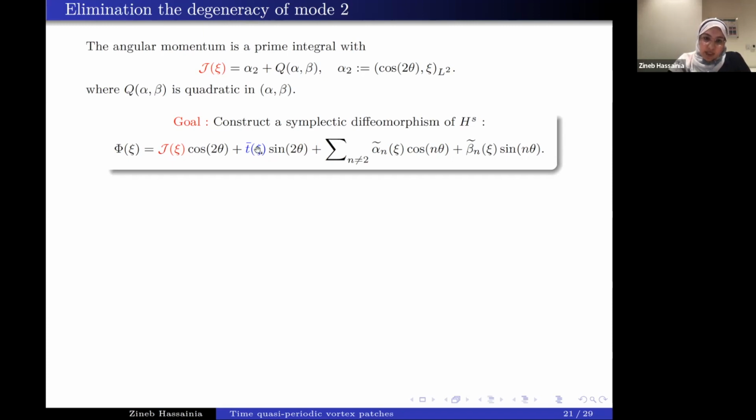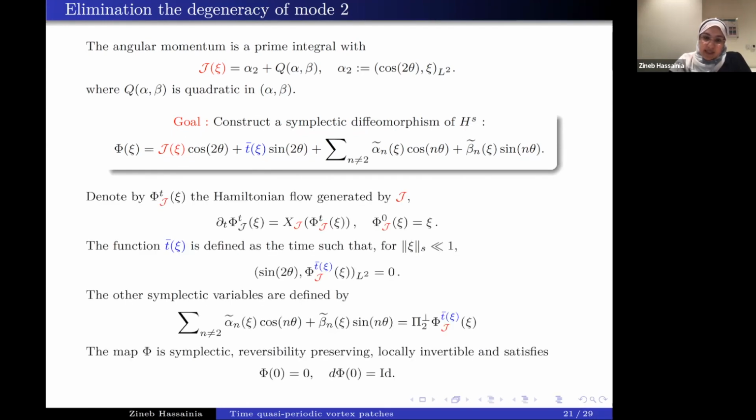So we look for a symplectic diffeomorphism, which conserves the Hamiltonian structure, and which introduces the angular momentum G as a symplectic variable. The other variable, T bar, is the time impact of the flow on the manifold beta 2 equal to 0.